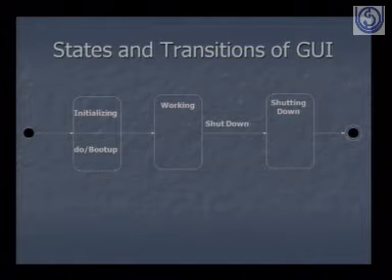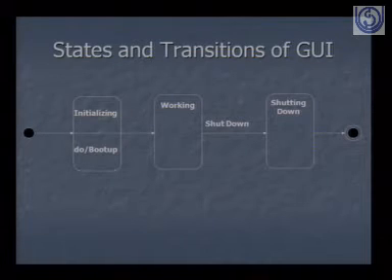The program that is there in the ROM lifts the operating system and puts it in the RAM and initializes the operating system so that it can control the overall machine. So that particular boot up procedure is started. That is the activity that is started while it is in the initializing state. Once that particular state is done, the initialization process is over, it is shifting to the working state.